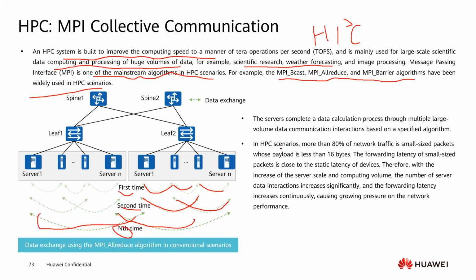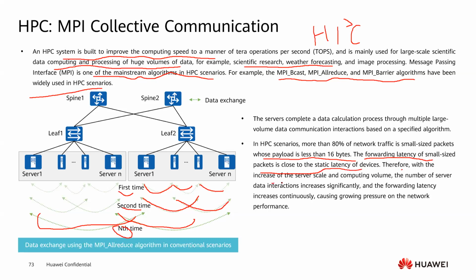In HPC scenarios, more than 80% of network traffic is small-sized packets whose payload is less than 16 bytes. The forwarding latency of a small-sized packet is close to the static latency of the device.